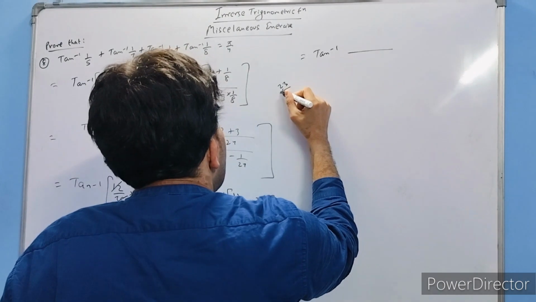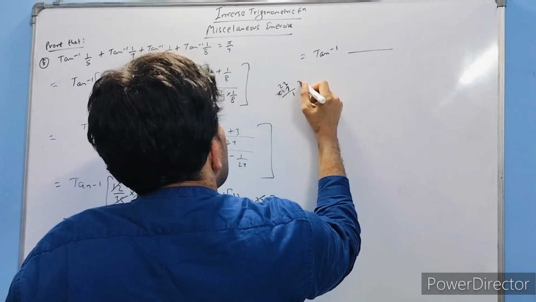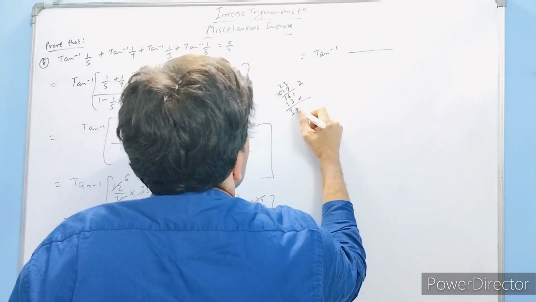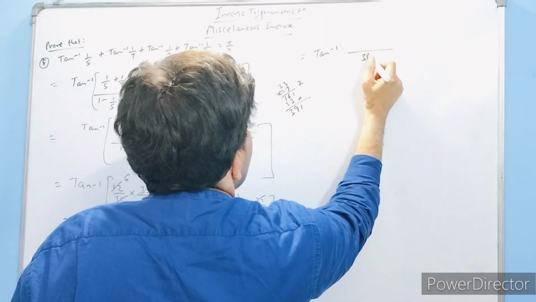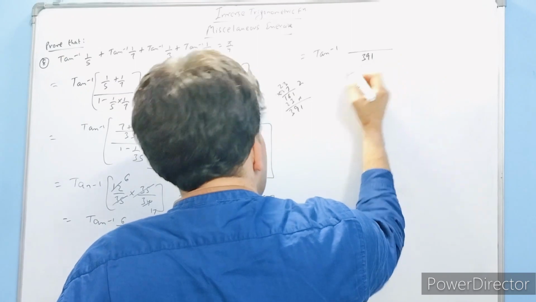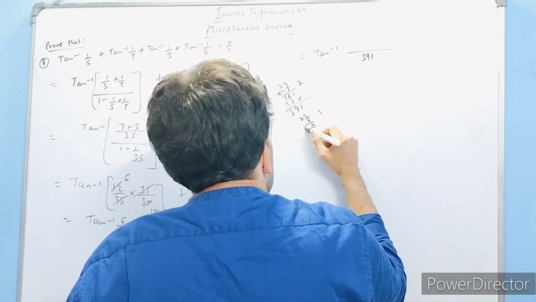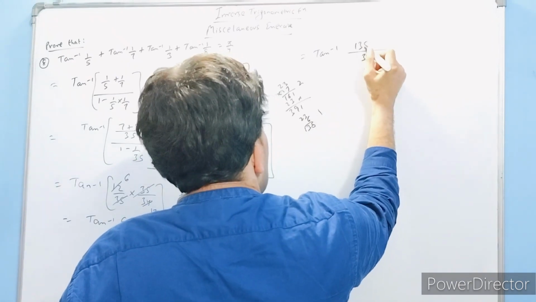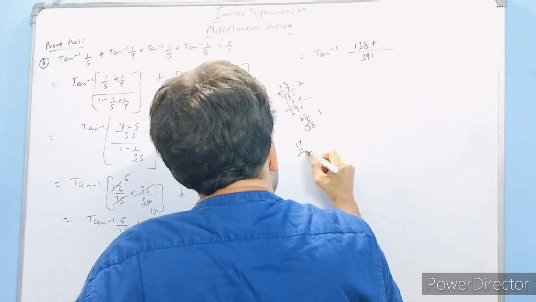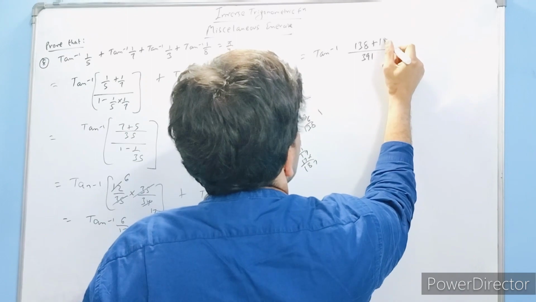Let's multiply it and find, 23 into 17 gives 391. So 23 into 6 is 138, plus 17 into 11, which is 187, so I have 325.